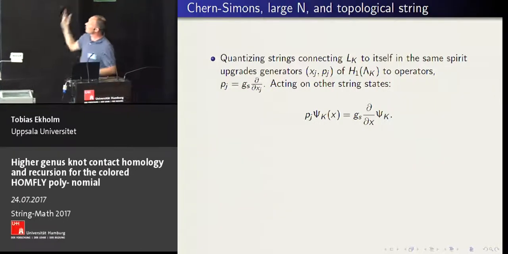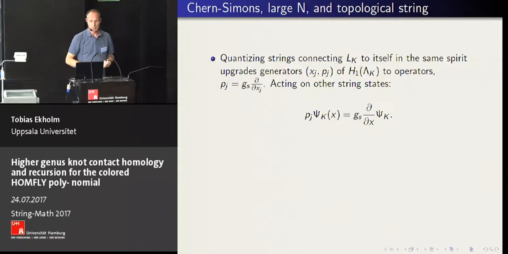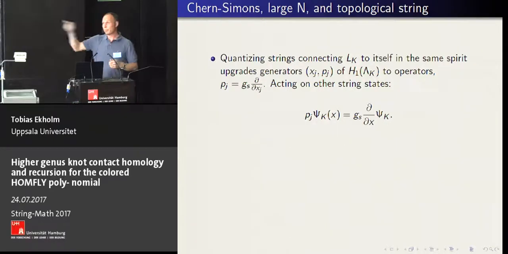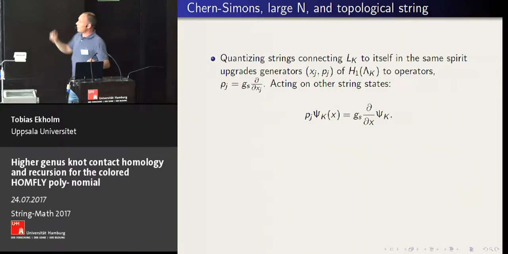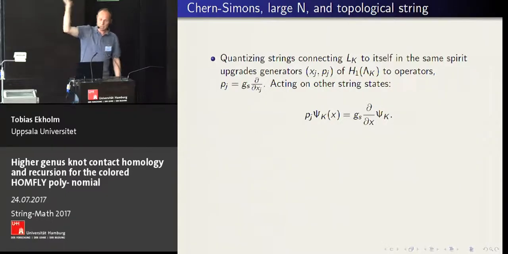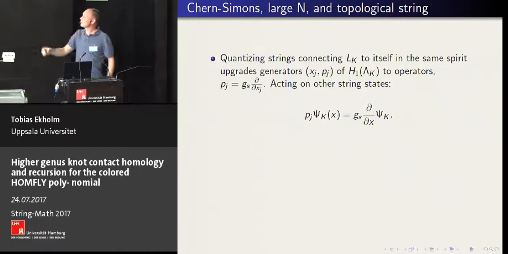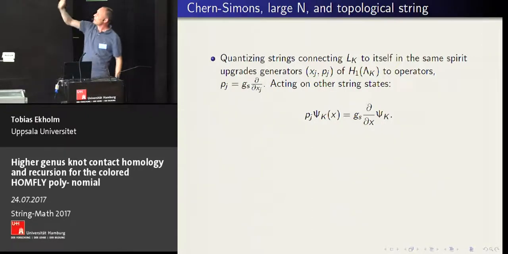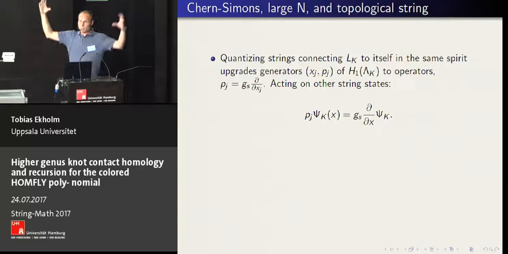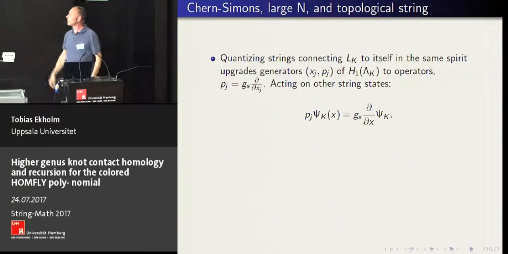And arguing in the same spirit, you can see that the path integral is just a path integral of ordinary quantum mechanics in the periods. So what we should do is we should just upgrade the periods or the homology generators, x, which I call the notation for the longitude in this conormal torus, and p, which is the meridian, which is the one that is filled by the conormal in this way.